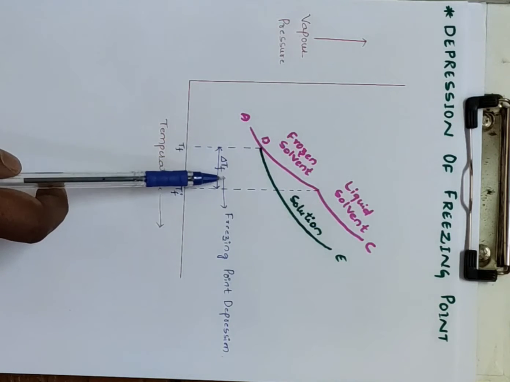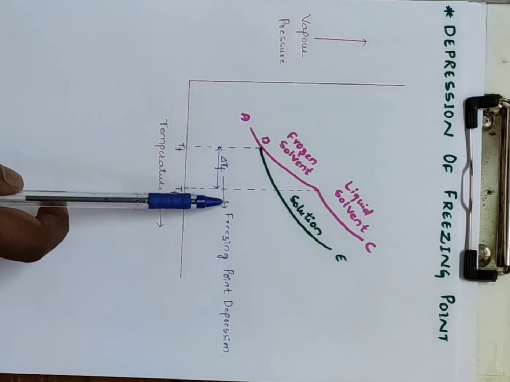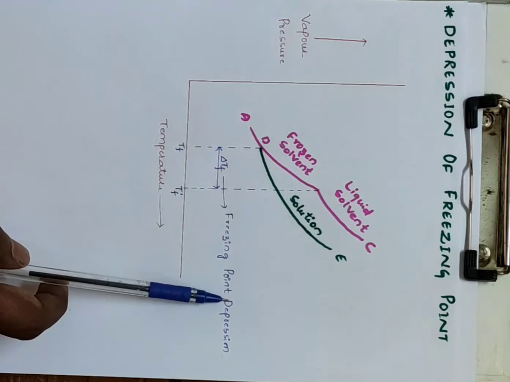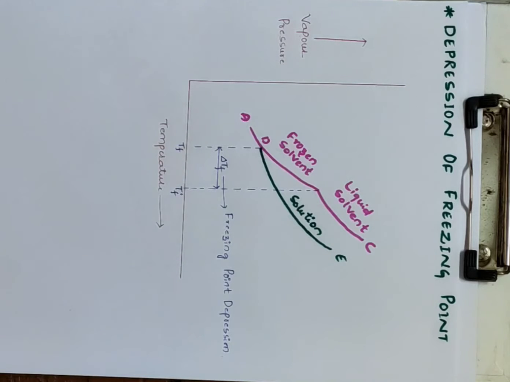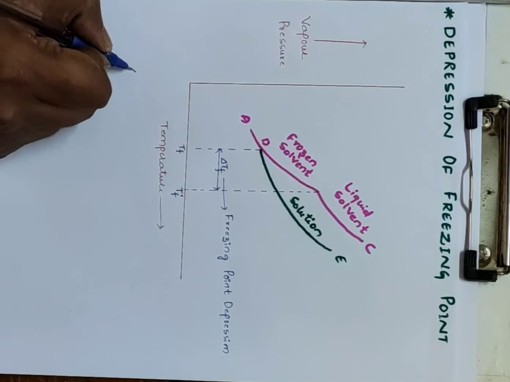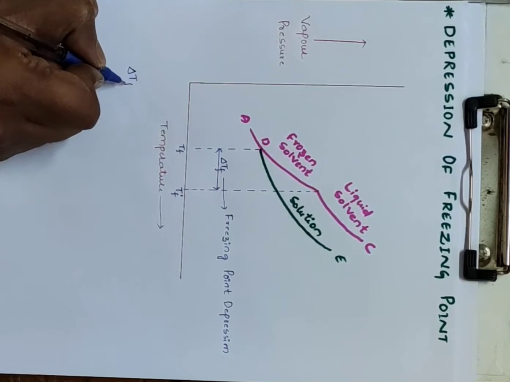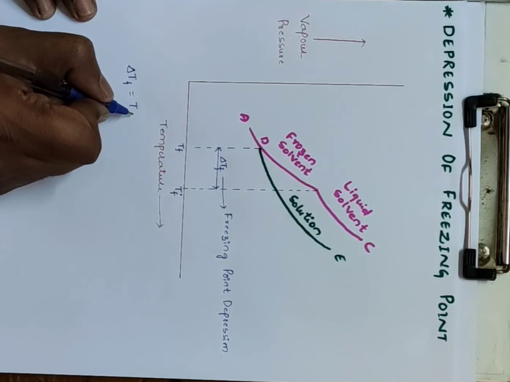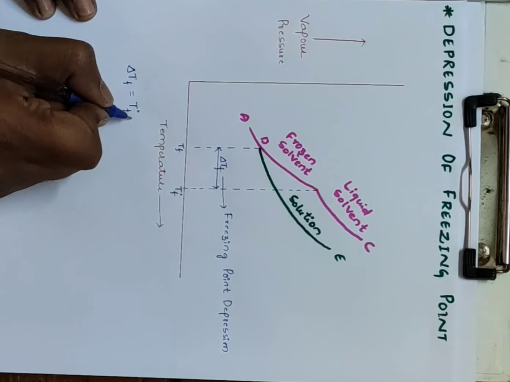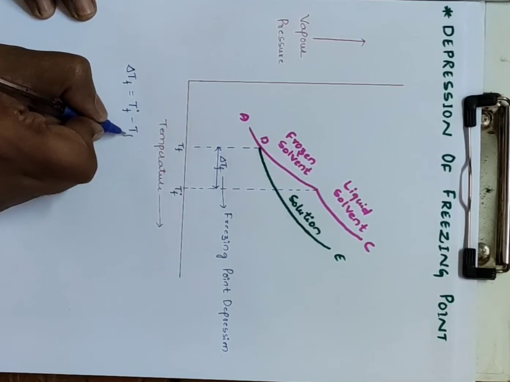Now delta TF is the freezing point depression. If you want to calculate this delta TF, the difference, that is delta TF is equal to T0F minus TF.